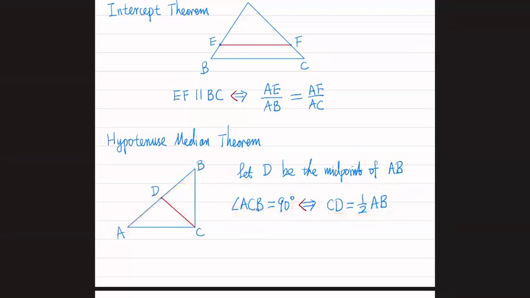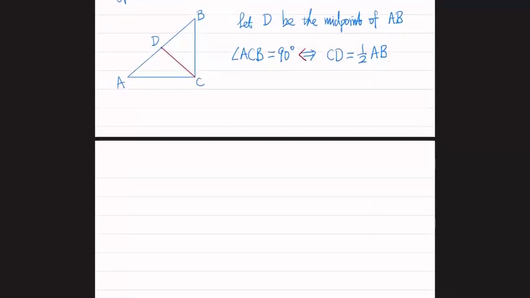That means whenever we have a triangle with this median to be half of AB, then this angle must be a right angle. Okay, so this is about the necessary and sufficient conditions.